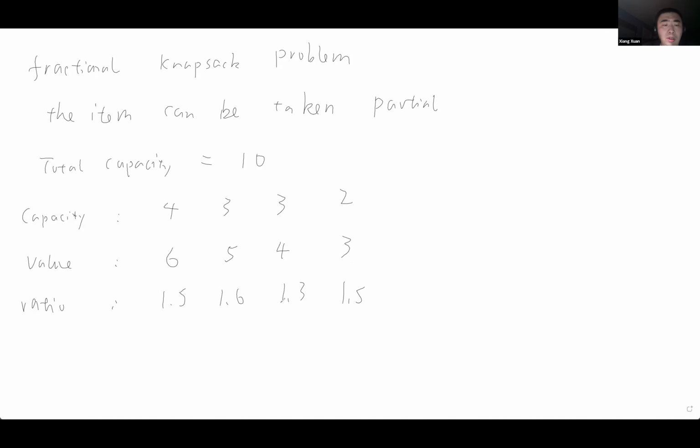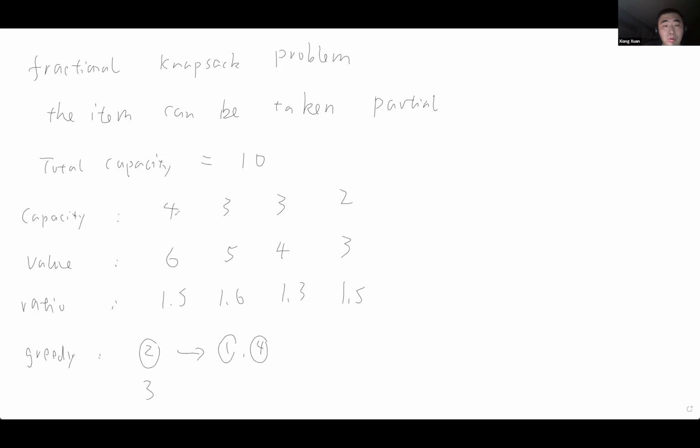Essentially, by calculating the ratio, you can apply a greedy choice: you take the higher ratio first, right? So from the greedy, you will first take the second one, then you got three, then you take either the first one or the fourth one.